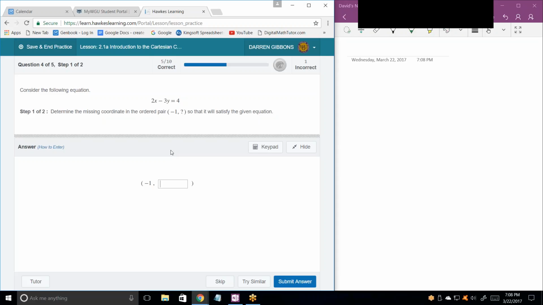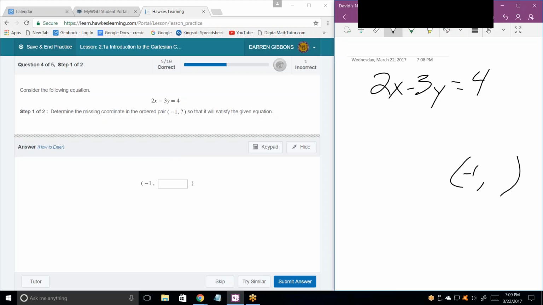Okay, so 2x minus 3y equals 4, and determining the missing coordinates. The missing coordinate is the y coordinate.